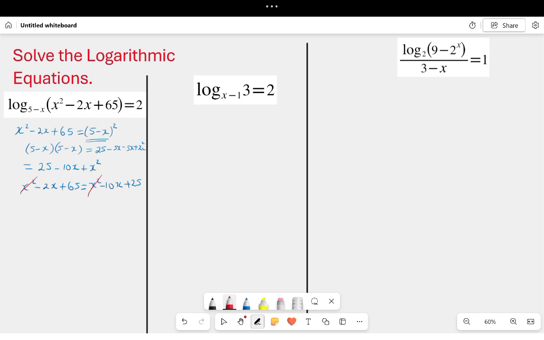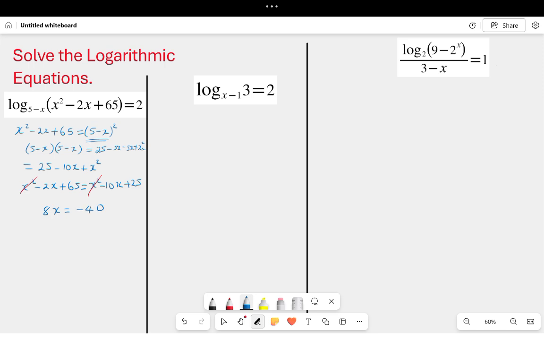And organizing the like terms, minus 2x plus 10x is going to be equal to 8x, which is equals to 65 minus 25, it's going to be equal to negative 40.